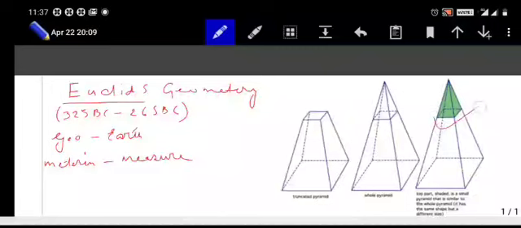The Egyptians cut the top part of the pyramid and formed another shape, called a truncated pyramid. If the base is square, the top part is also a square. So this is the architectural work of Egyptians.